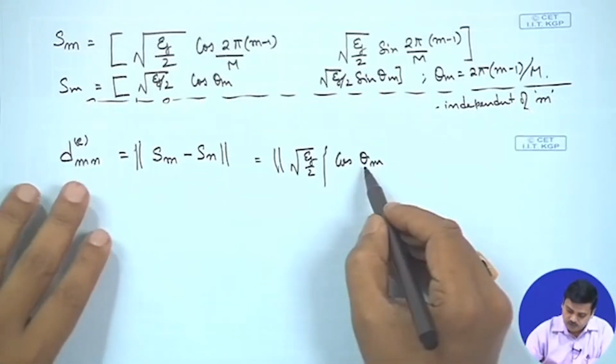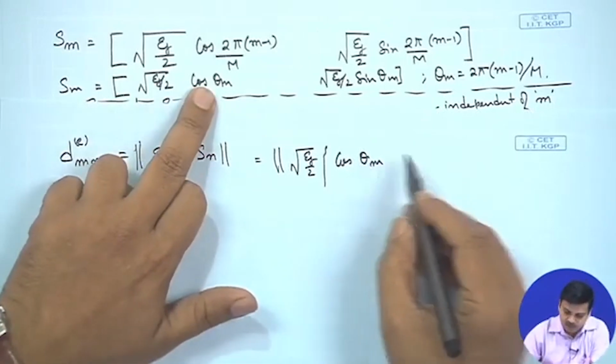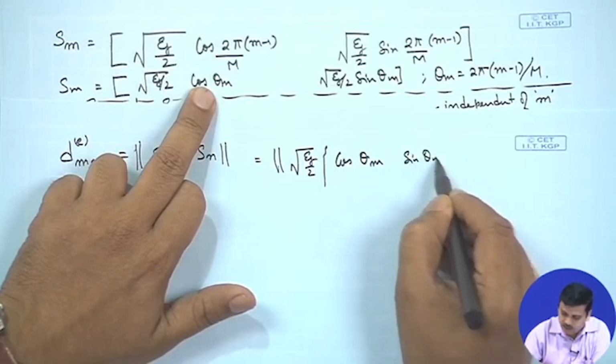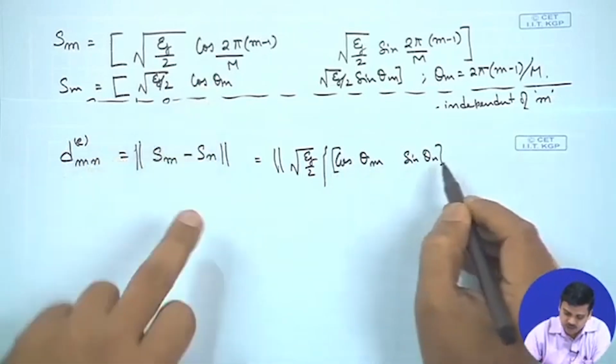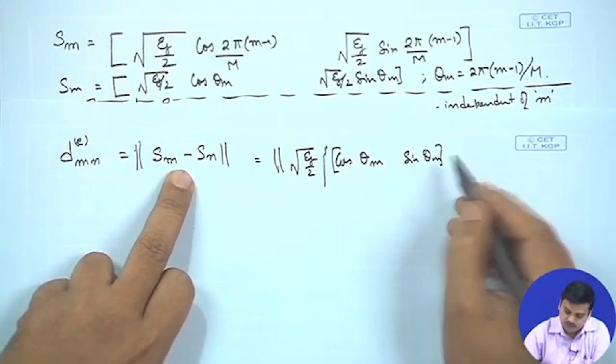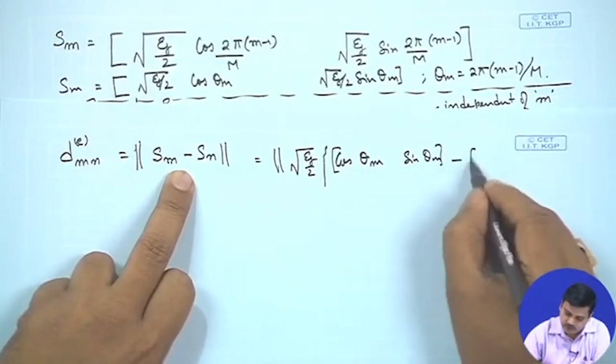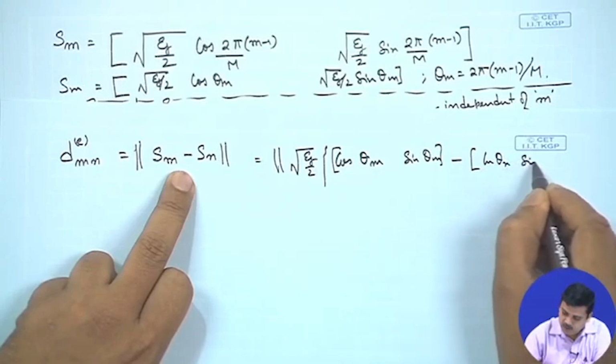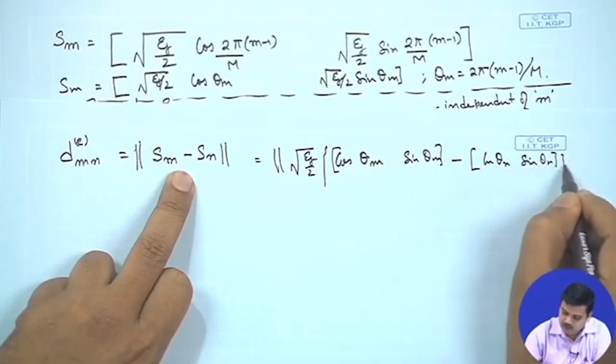So, you have cos theta m and sin theta m because of the first signal, first component, second component, minus cos theta n and sin theta n, a norm of that.